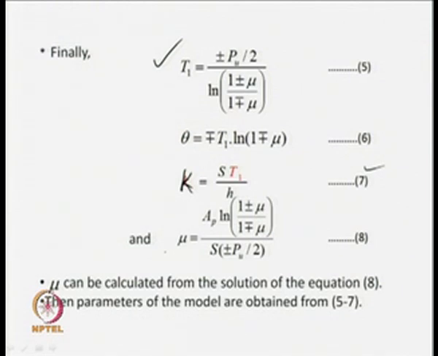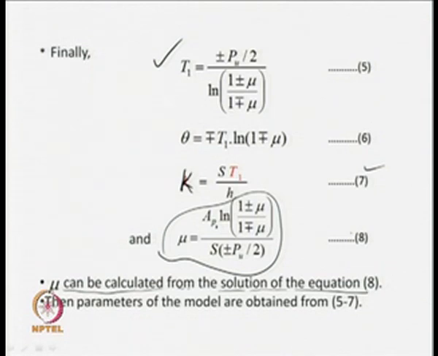And also we have found in our last slide that mu is equal to AP times natural logarithm of 1 plus minus mu by 1 minus plus mu divided by S times plus minus pu by 2. So, mu can be calculated from the solution of equation 8.